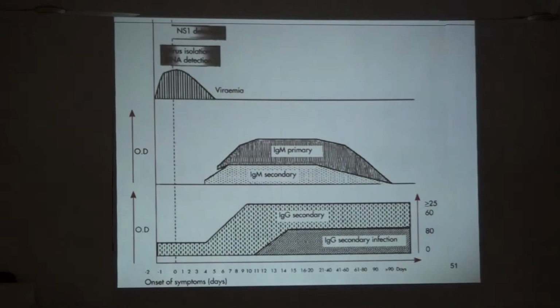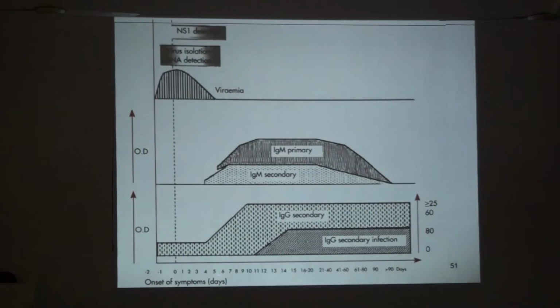This is a very important figure showing where we can diagnose the dengue virus. In early stages, NS1, virus isolation and RNA detection are possible before the clinical symptoms; we can diagnose the NS1 antigen. After viremia, virus isolation and RNA detection are difficult.